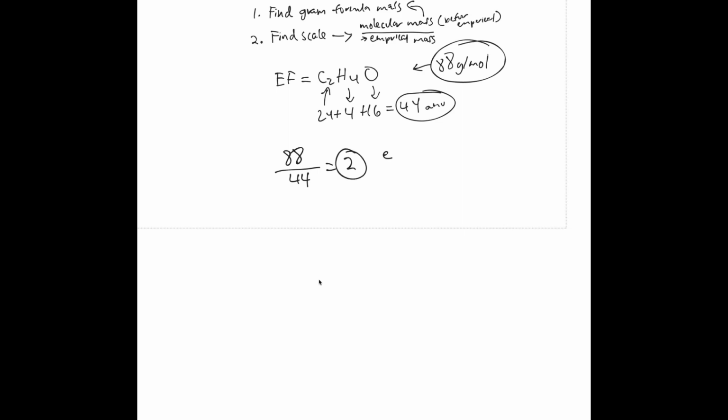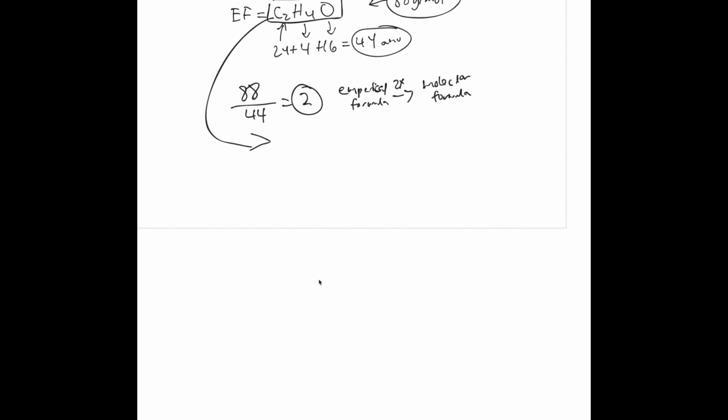And so the scale from the empirical formula to the molecular formula will be 2 times. And so what do we have up here, right? What do we have up here? Let's just bring everything down.